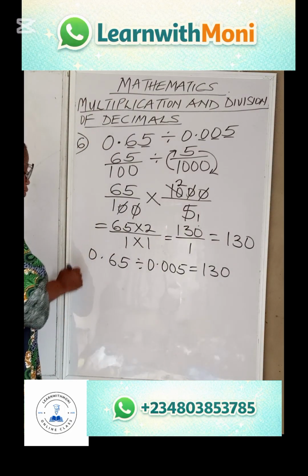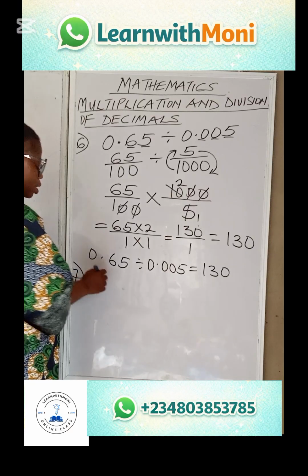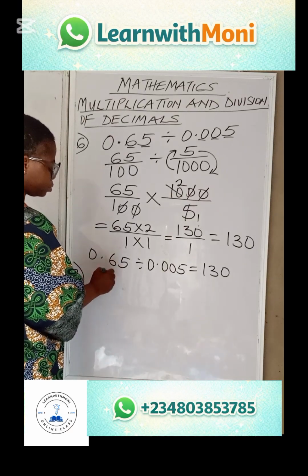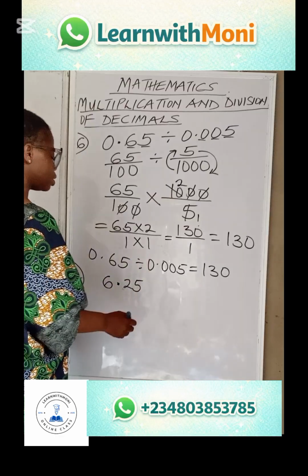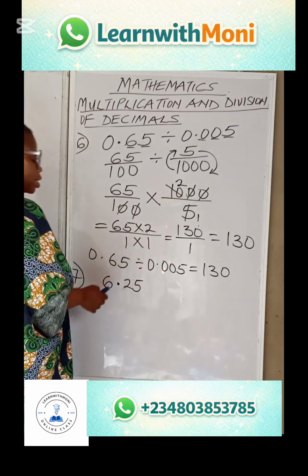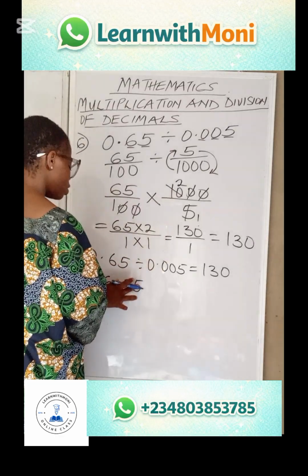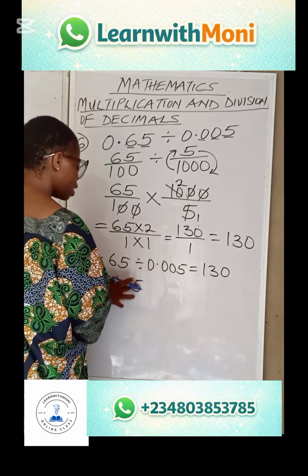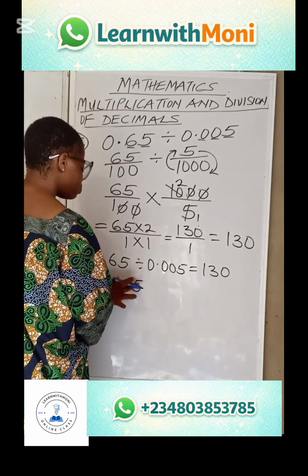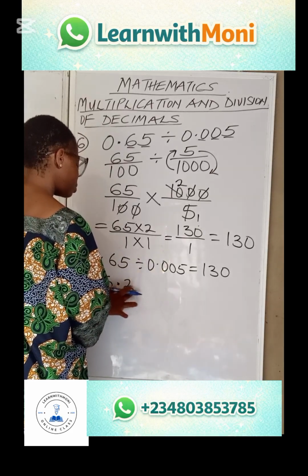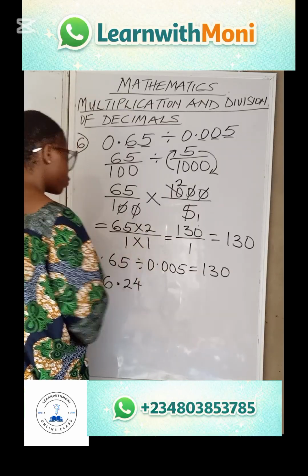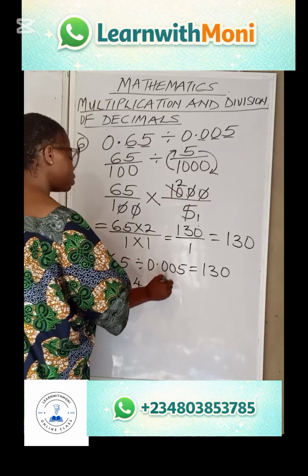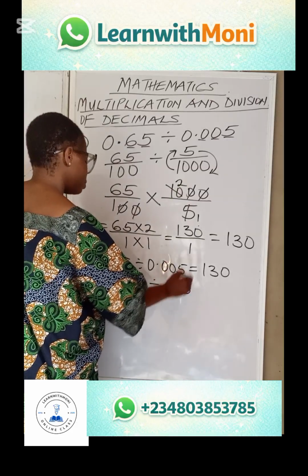Let's look at number 7. Number 7, I have 6.25. Yes, let me pick 6.25, or better still, let me pick 6.24 divided by 0.3.